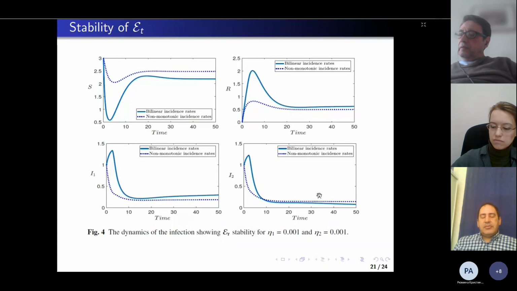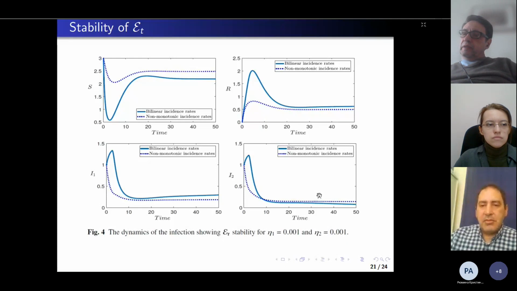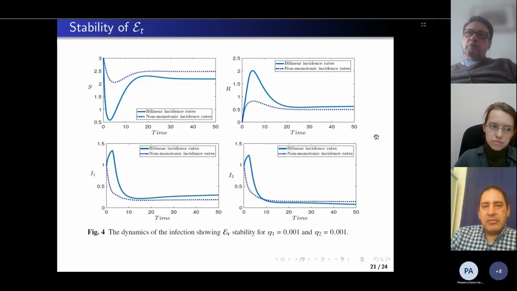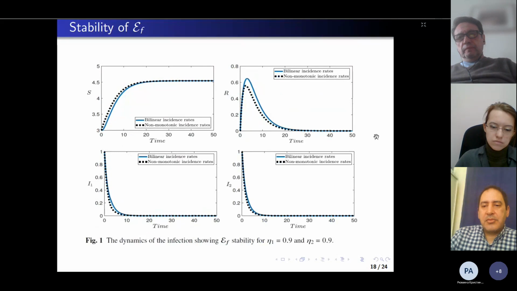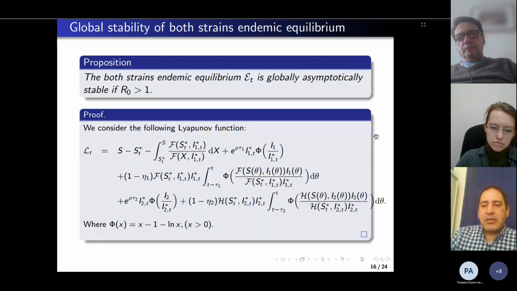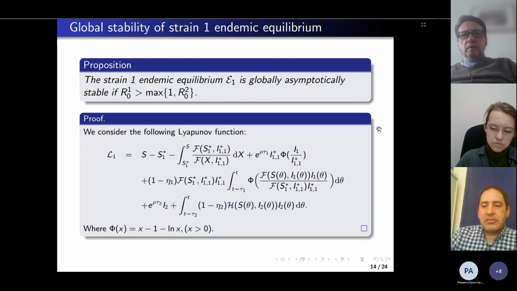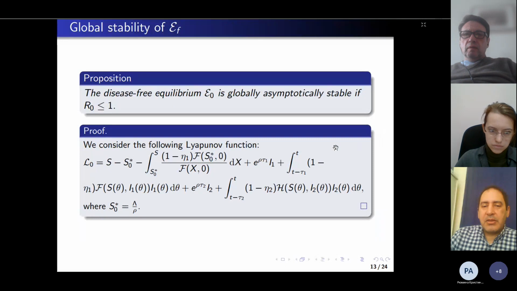Well, listening, Karam, to your presentation, there are many interesting things. In particular, I was very much interested by the construction of Lyapunov functions. Could you please show slide number 13? This one, or the next slides with different Lyapunov functions.